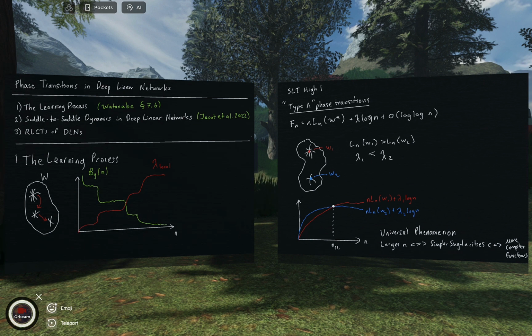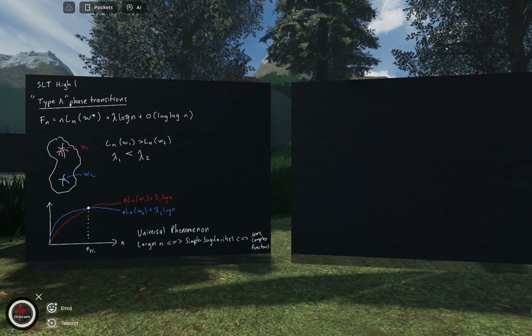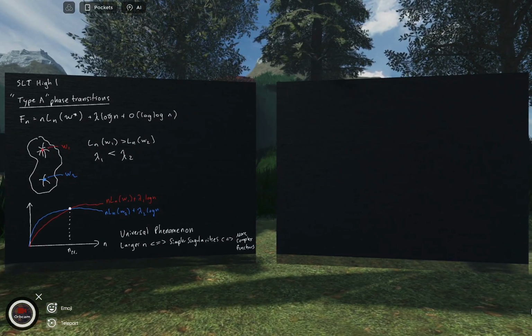Okay, but we saw that there's also this type B phase transition. So this isn't the only possible phase transition dynamic we see in these models.